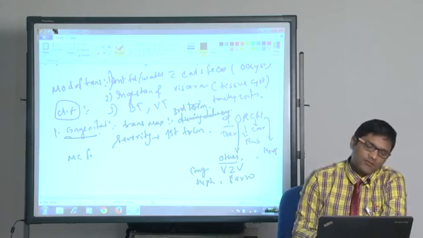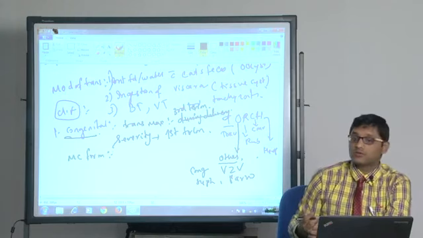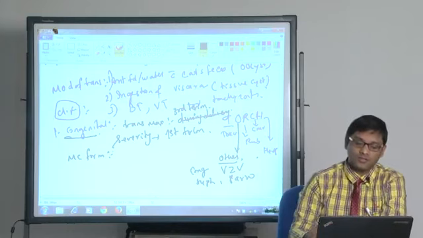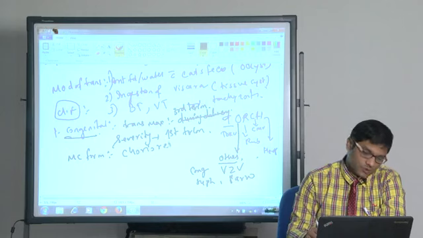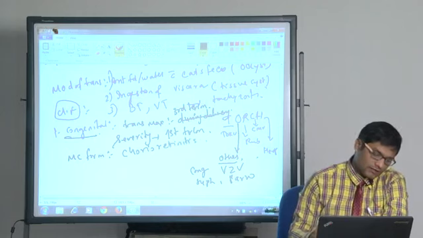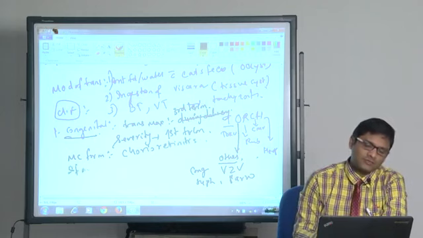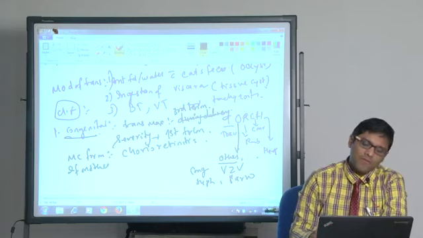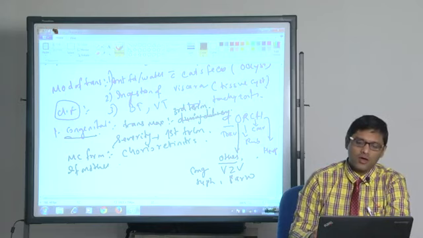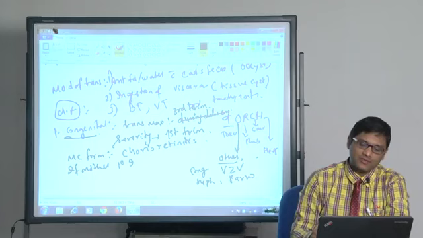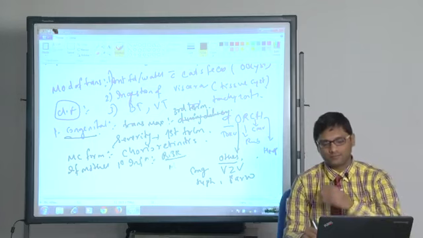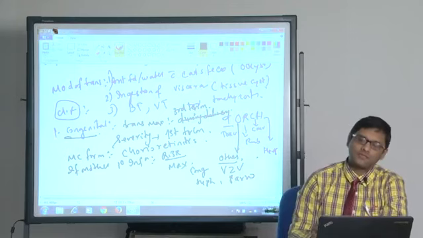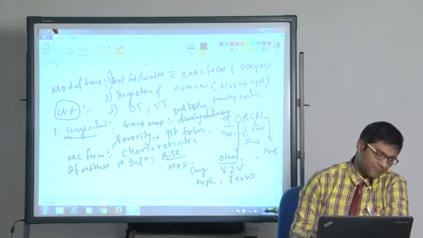The most common manifestation of congenital toxoplasmosis is chorioretinitis. And as I told you earlier, the maximum risk is if the mother is having primary infection.